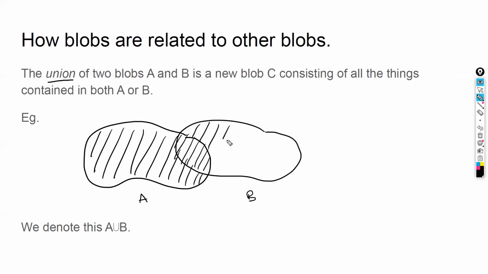C consists of this super big set that contains everything in A and everything in B. So this is C, and we denote this A union B with a little U. And note that this is sort of the opposite of intersection in some sense, both in the symbol and in what we mean.